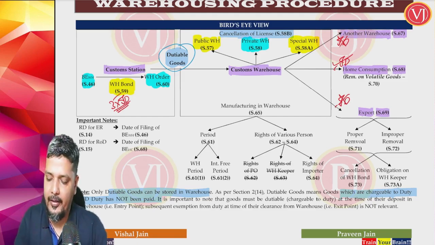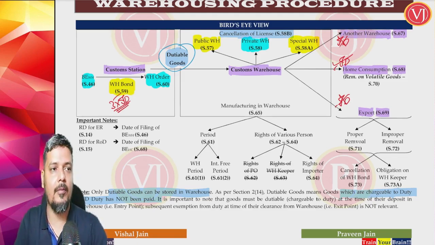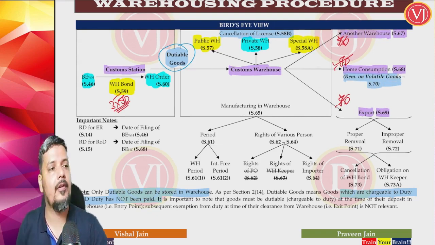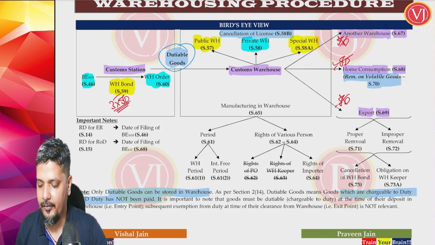When you are clearing the goods for your home consumption, there may be some remission loss on volatile goods which government may forgive. Section 70. So government may not take import duty on remission loss on volatile goods. Section 70.